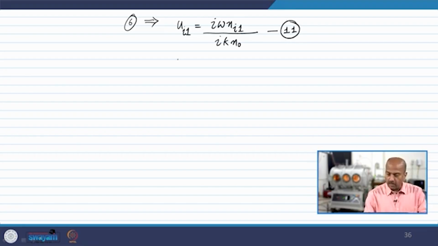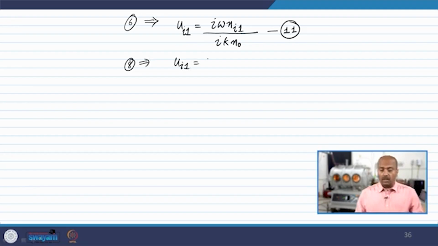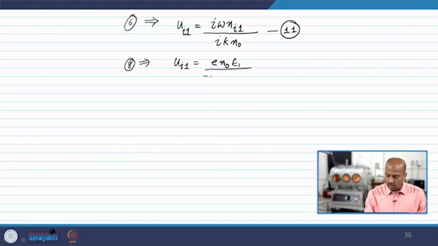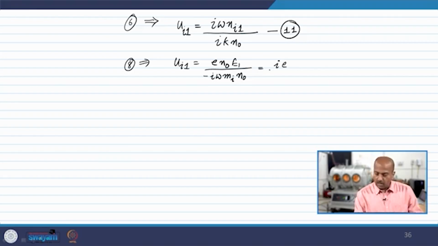Using equation number 8, the perturbed ion velocity u_I1 can be written as E n_0 E_1 divided by −iω m_I n_0. After cancelling, we have iE divided by m_I ω.